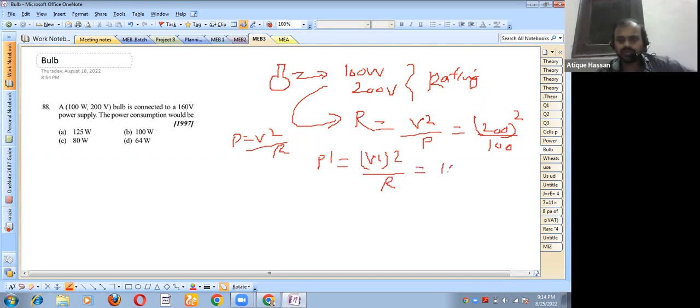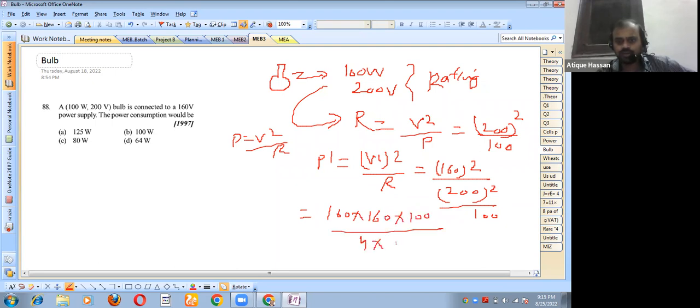V dash squared will be 160 squared divided by R, which is 200 squared upon 100. So from here we will get 160 into 160 into 100 divided by 4 times 10 to the power 4. So this and this will be cancelled out and we will get 64 watt. So D is the right answer.